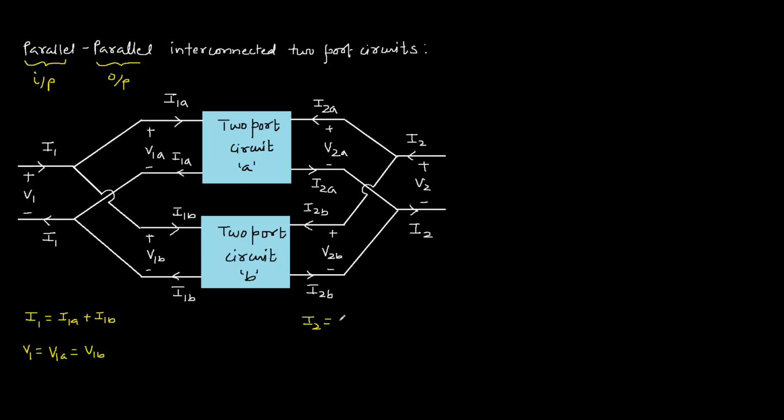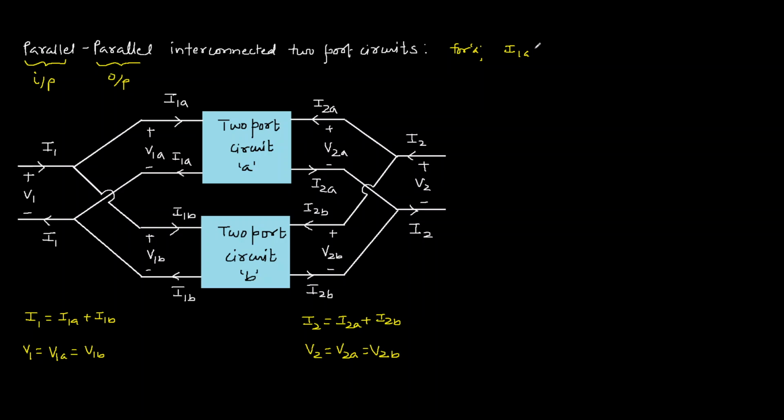I2 is the sum of I2A and I2B, and V2 is V2A, and that is equal to V2B.